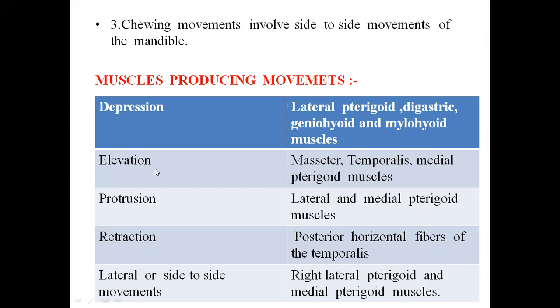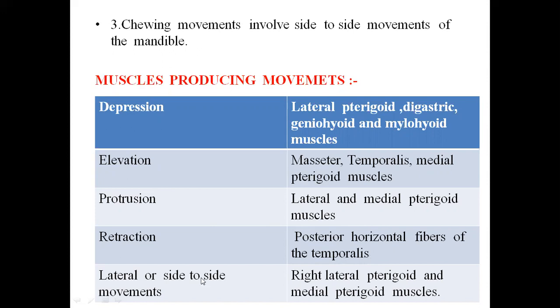What about elevation? For elevation, the masseter, temporalis and medial pterygoid muscles are involved. For protraction, protrusion, the lateral and medial pterygoid muscles. Retraction, the posterior horizontal fibers of the temporalis.